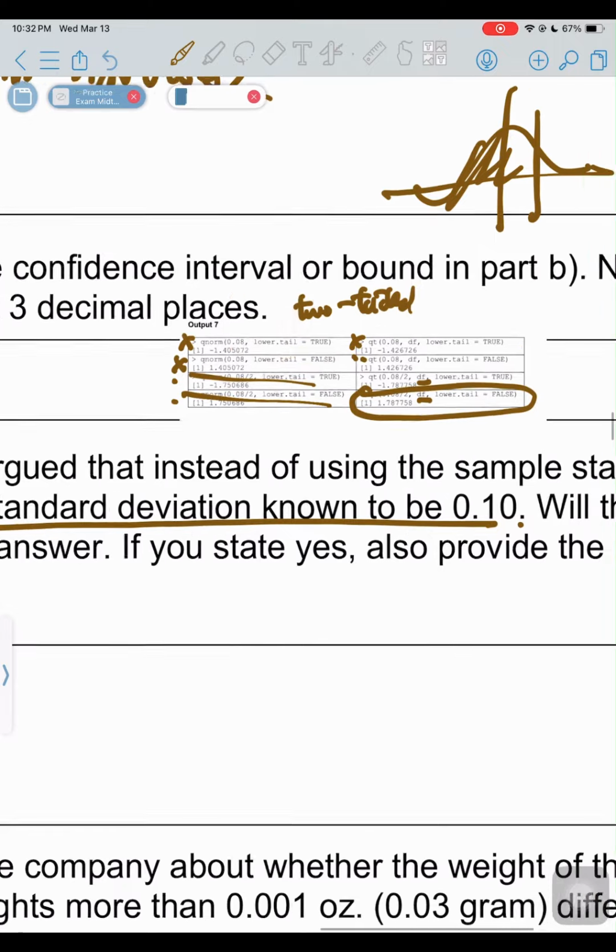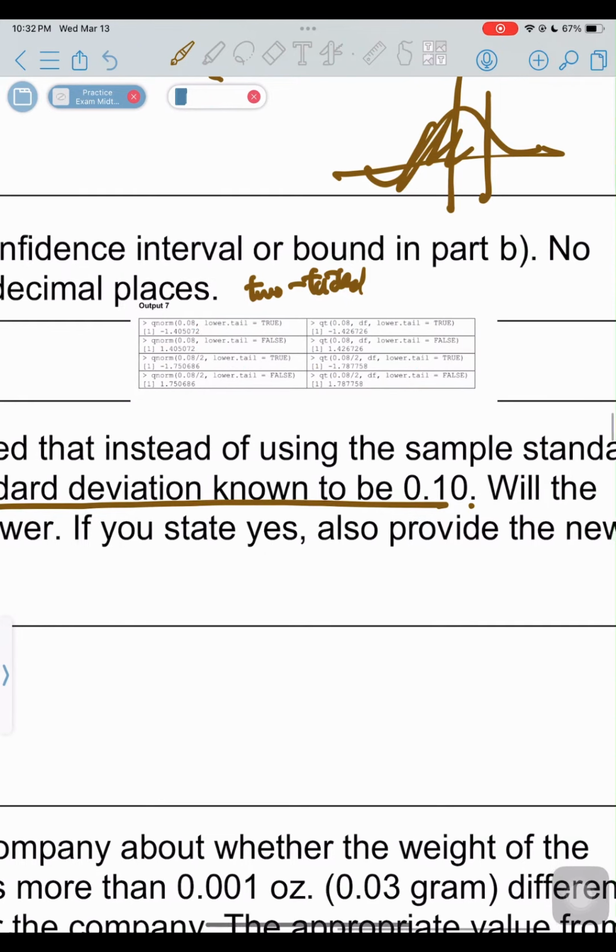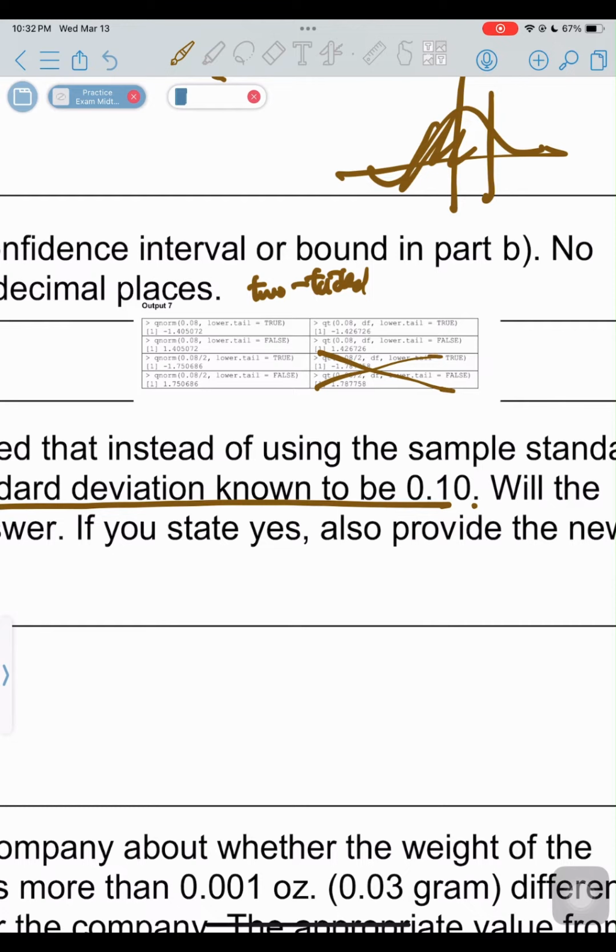So if you're changing the critical value, let's look at the options. Again, in output 7, I'll erase all. It's no longer this, no longer this. And since it is still two-tailed, the significance level should still be divided by 2. That means those are not right, those are also not right.